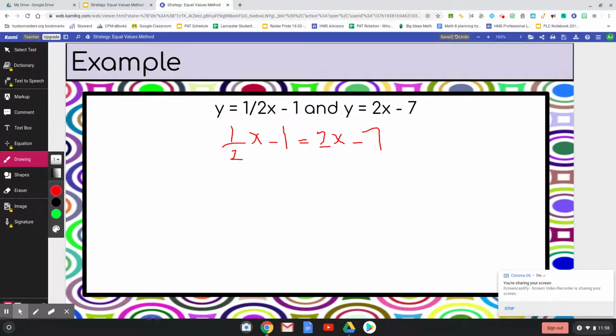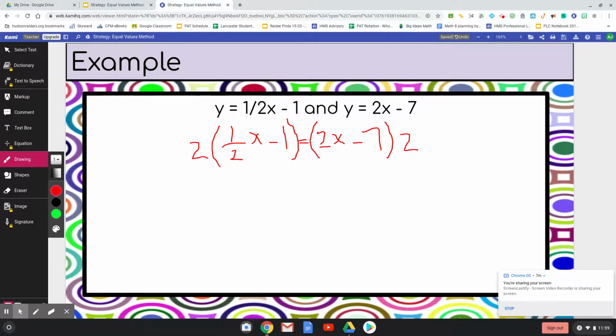Now, we want to solve for x, but we have this fraction coefficient, the 1/2 in front of the x. I'm going to use the fraction buster method to get rid of that fraction to make this easier to solve. In order to get rid of this fraction, I'm going to multiply both sides by 2. Whatever I do to one side, I have to do to the other side of my equation.